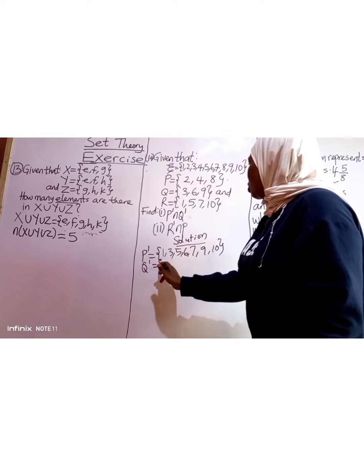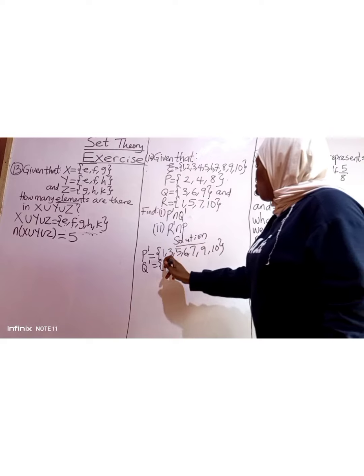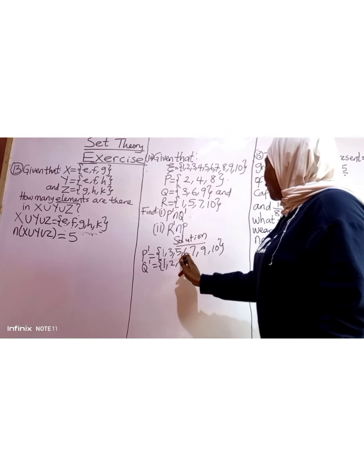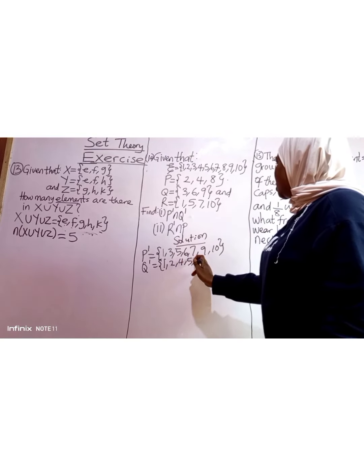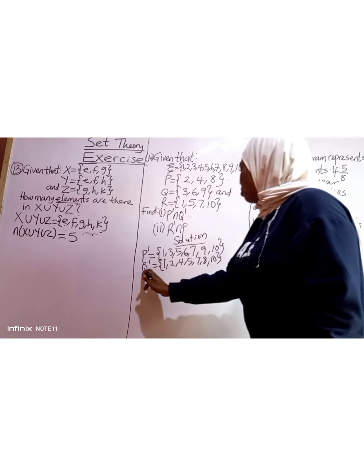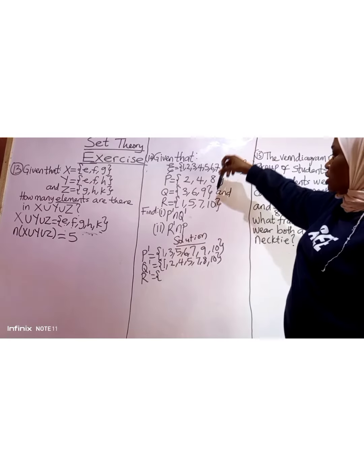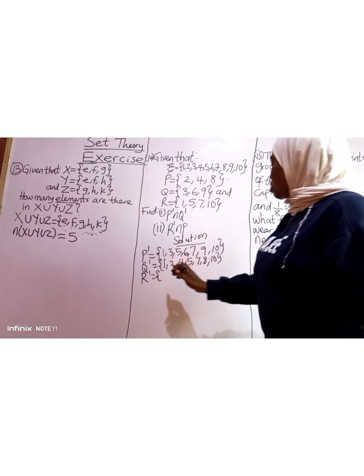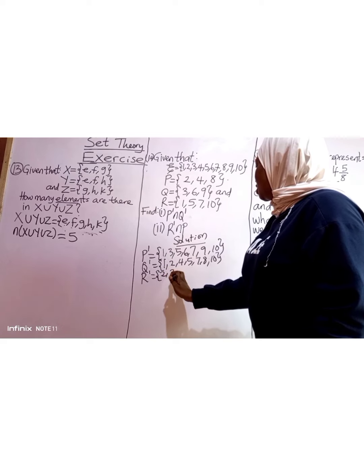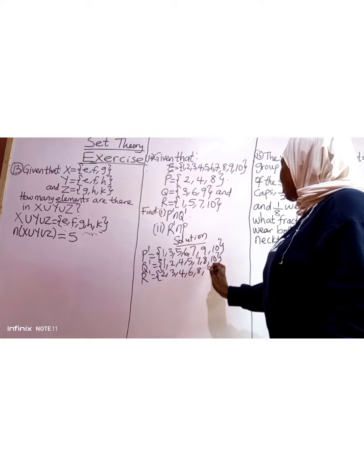Q prime will be all the elements that are in the universal set that are not present in Q: 1, 2, 4, 5, 7, 8, and 10. And R prime will be all the elements that are in the universal set that are not in R. That will be 2, 3, 4, 6, 8, and 9.